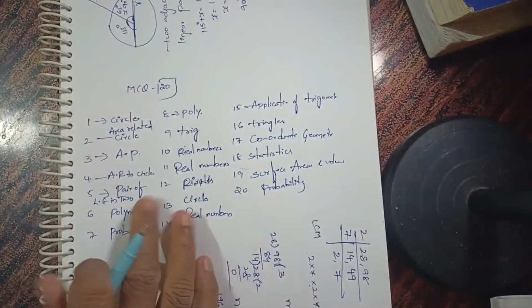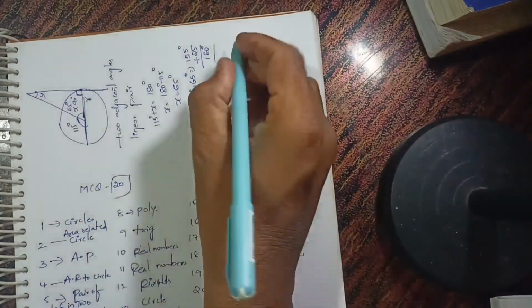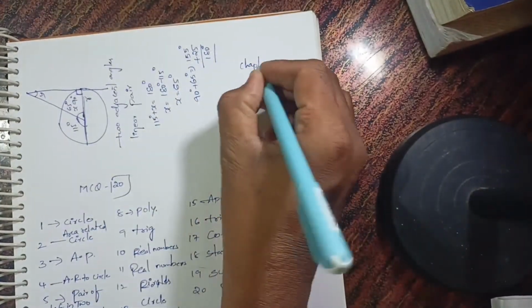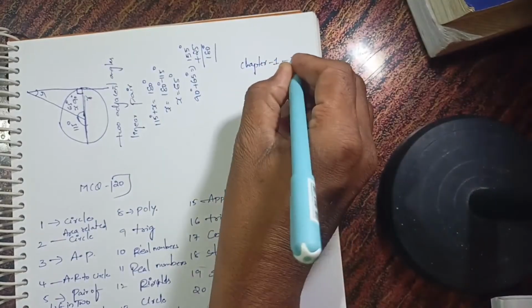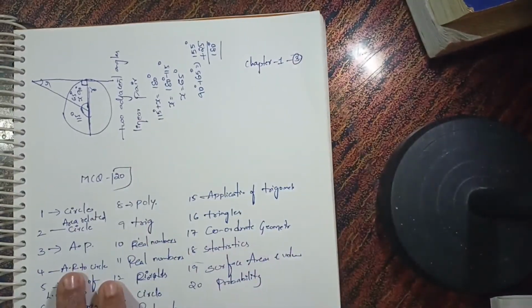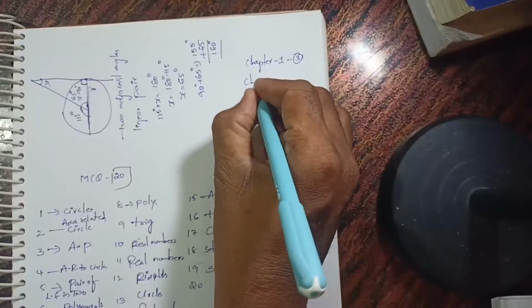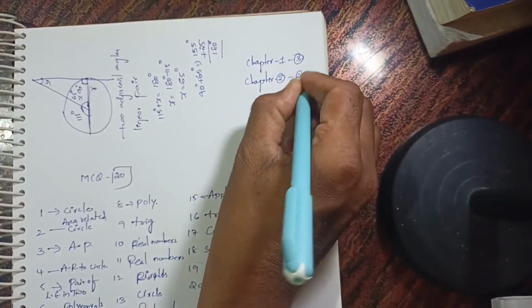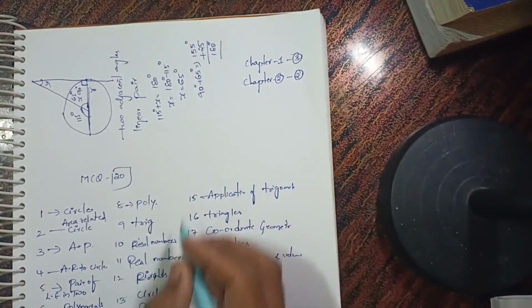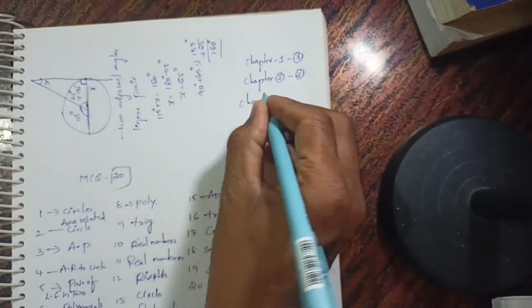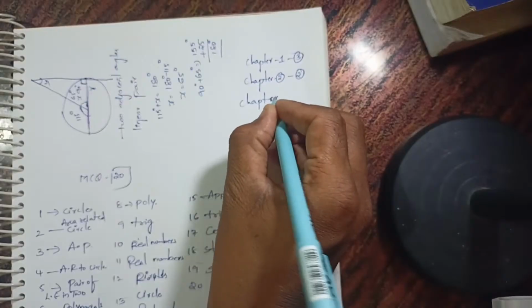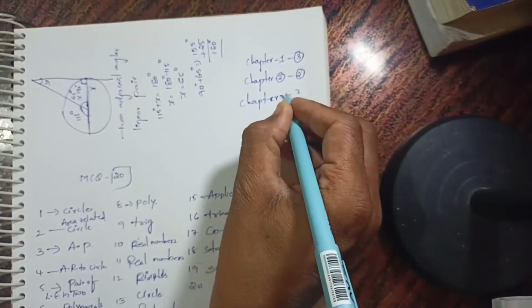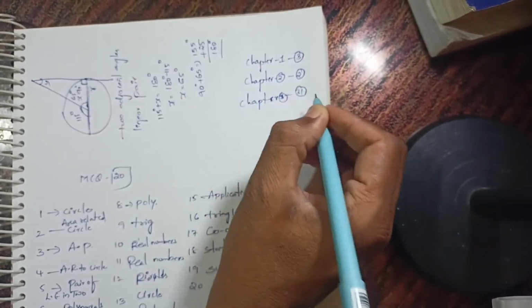From chapter 1 we got 3 MCQs, and chapter number 2 we got 2 MCQs. Chapter number 3 we got 1 MCQ.